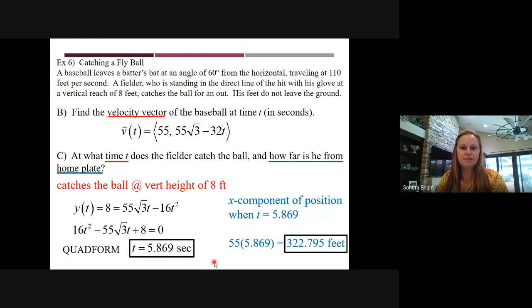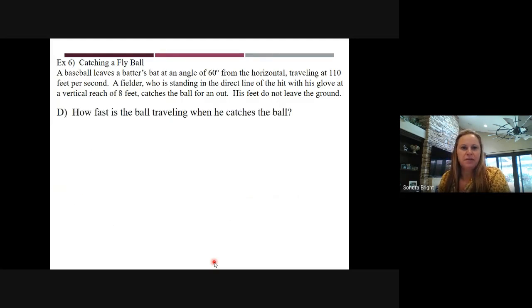All right, we got one last part, and that is to figure out how fast the ball is traveling when he catches the ball. That's the speed of the ball, which is the magnitude of the velocity. When he catches the ball, remember we just figured out that it's when t is 5.869. So we plug it in.